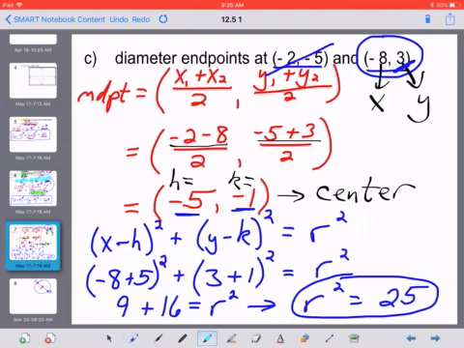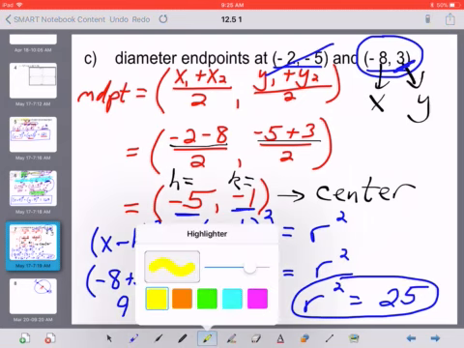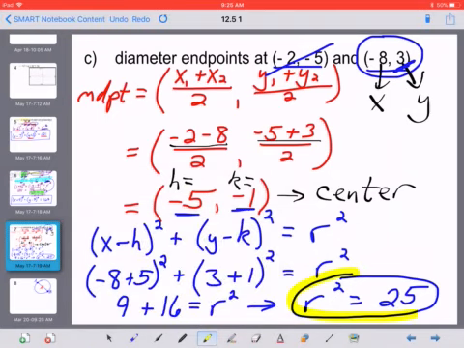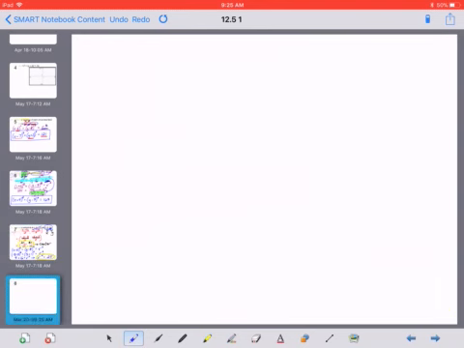So what we really need to tie all this together, and we're pretty much there here, everybody, is this value of r squared, and then these values right here of h and k. So, knowing those 3 values, we're ready to go ahead and write our final equation. And of course, I'm out of room, so we're going to go to the next page in order to do that. Okay, so the x minus h, everybody, is going to be an x, and since h was a negative 5, that minus negative 5 actually looks like a plus.